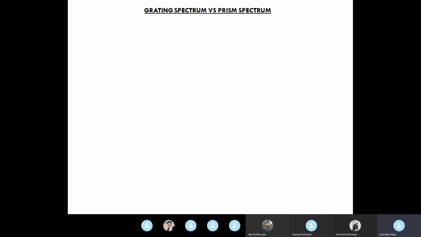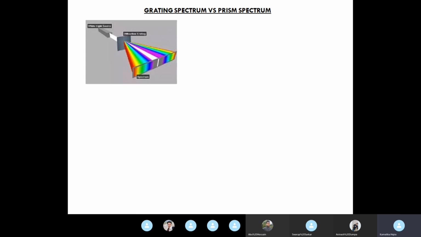we have to do a small discussion on the differences between grating spectrum and prism spectrum, because you have so long known about a prism spectrum, and you produced spectrum in the laboratory using the prism only, but now you see that there is some other instrument that can also produce a spectrum, and therefore a comparative study is important.